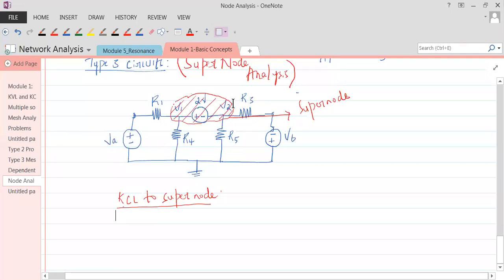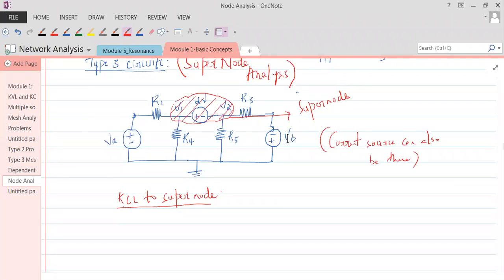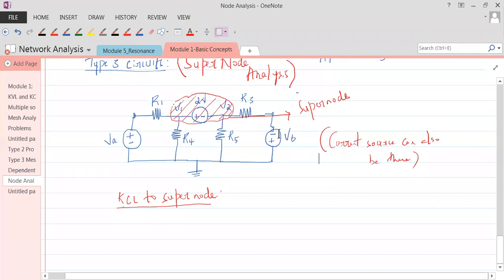Even a current source can be there. Super node is formed when there is a voltage source between the two nodes. That does not mean that there should not be any current sources. Understand that point? So there are 4 branches.